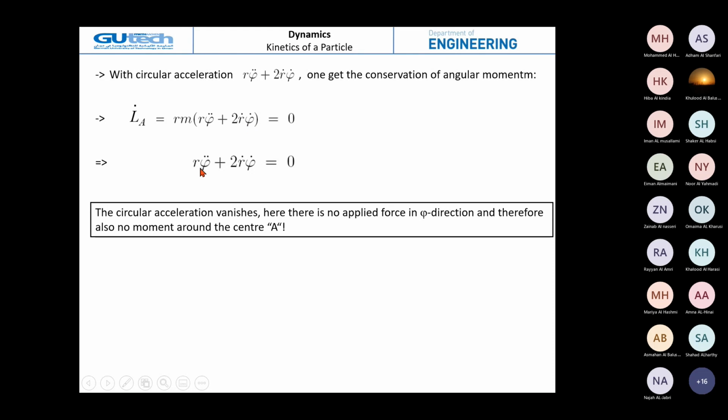Then we get R phi double dot plus 2 times R dot phi dot equal to 0, as R and m are not equal to 0. Then it means the circular acceleration vanishes. There is no applied force in phi direction, and therefore also no moment around the center E.